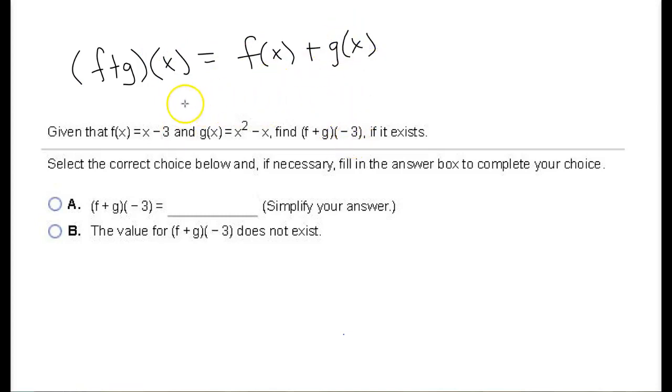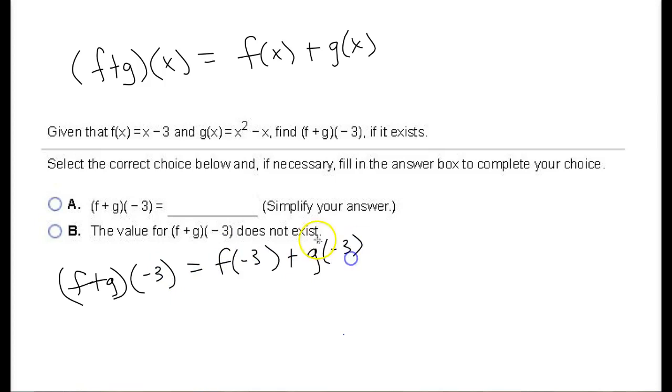So in this instance, f plus g of -3 would just be f of -3 plus g of -3. And we need to figure out what f of -3 and g of -3 will be.